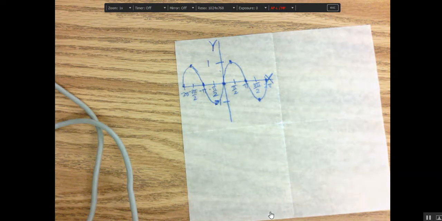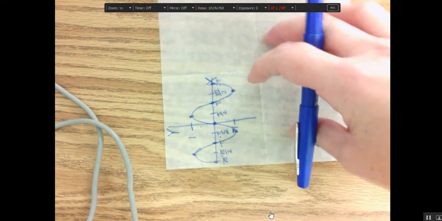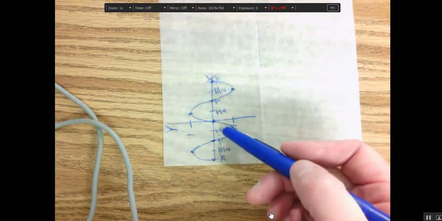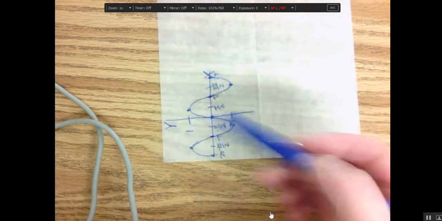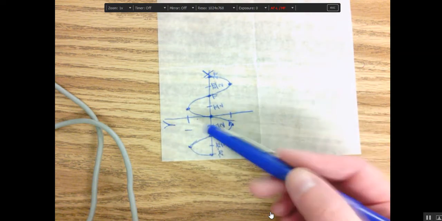Switching the x and y is absolutely right. So what we need to be able to do with this graph is switch the x and y. If I just turn it, though, like this, I have negatives down here, positives up here, but there's a problem because on my new x-axis that used to be my y-axis, I have positive 1 here and negative 1 here.